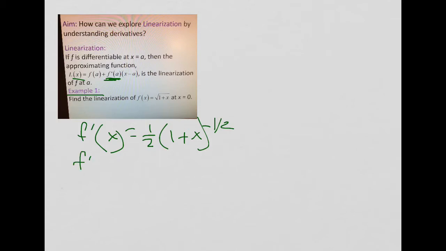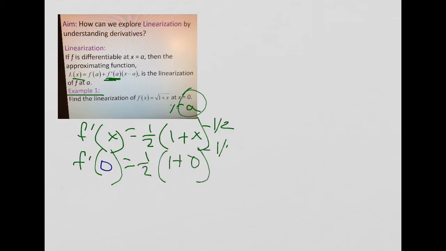We just went over how a in this problem is 0. So actually, let me change that to a 0 and continue. So we get that this is just 1/2.